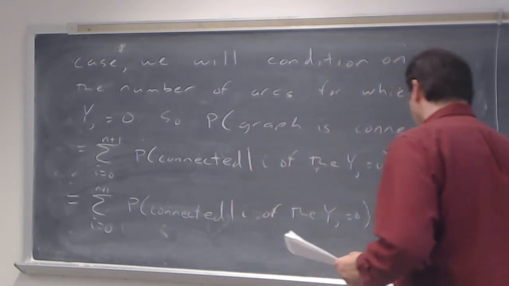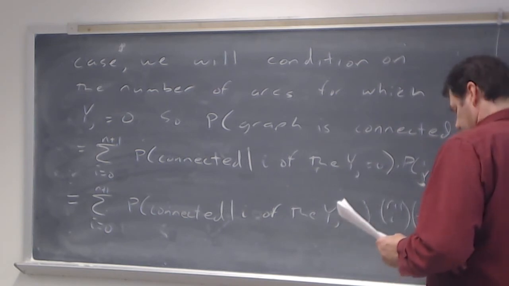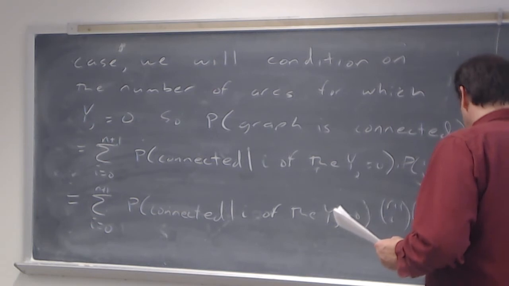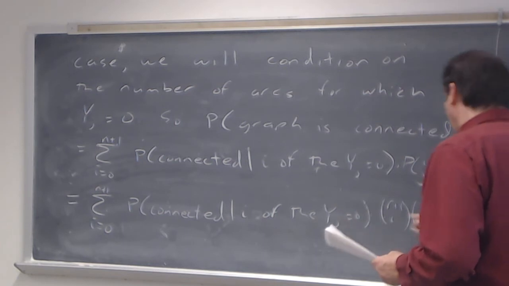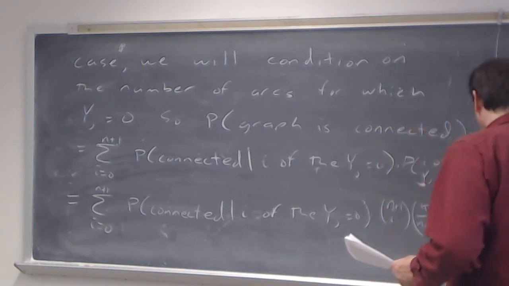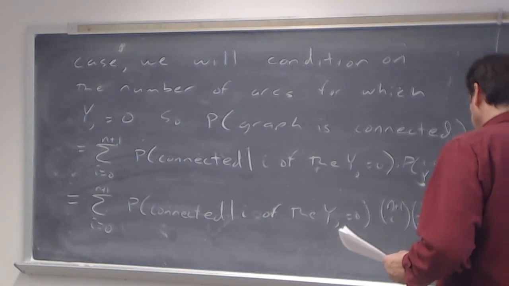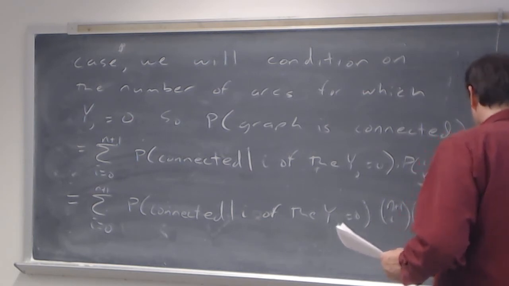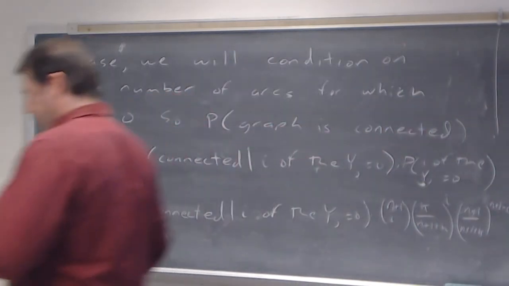And then times the chance of this not happening, which would be n plus 1 over n plus 1 plus k, raised to the n plus 1 minus i. I wrote down r, but really it should be n plus 1, because that's what r is.